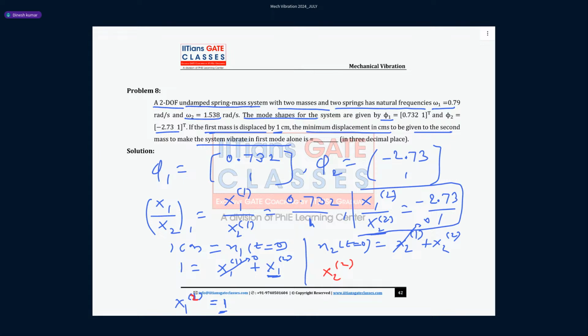So x2 for second mode, from this equation, it will be 1 upon minus 2.73. So what is it, guys? X2 for second mode.